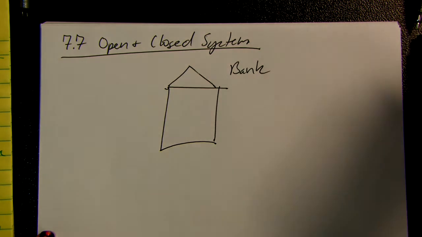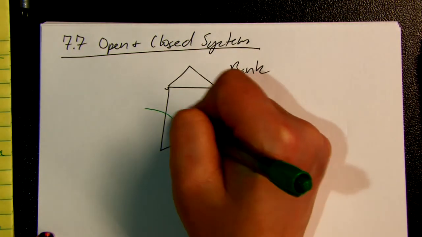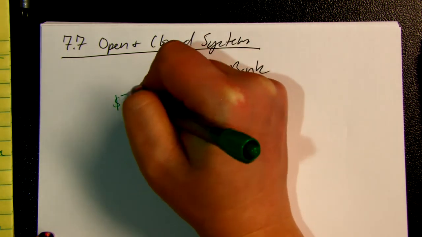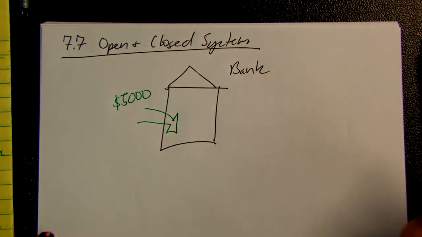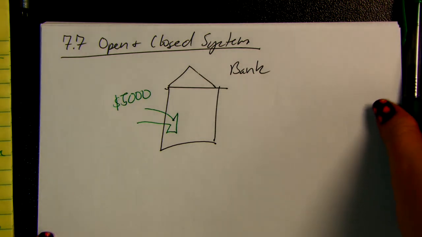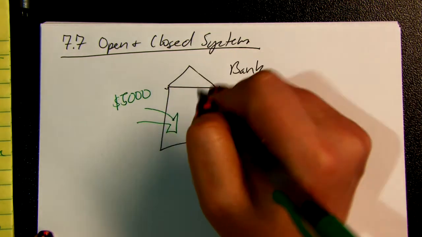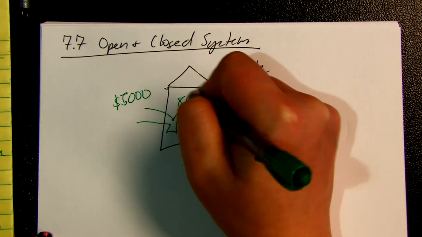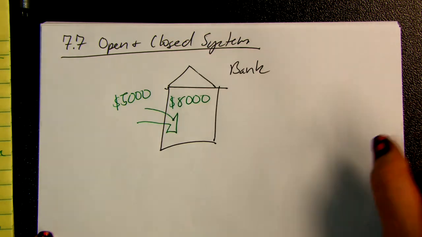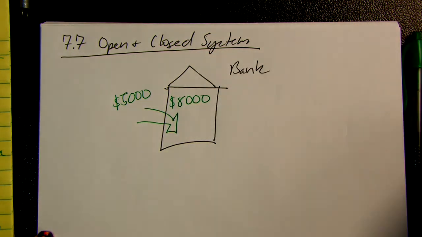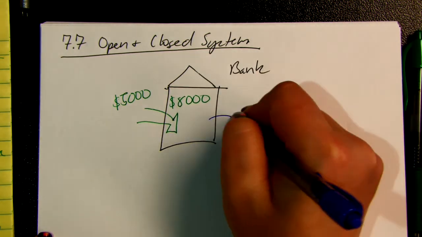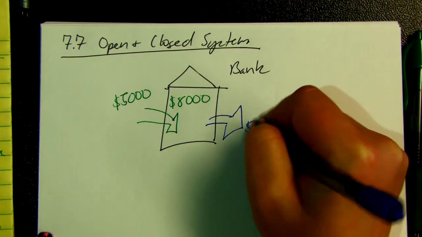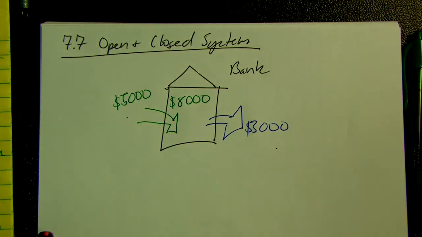So this bank has people coming in, they're making deposits, and so it has $5,000 coming in, and so it has $8,000, and then we have $3,000 going out. So we've had some deposits, we're giving out some loans.